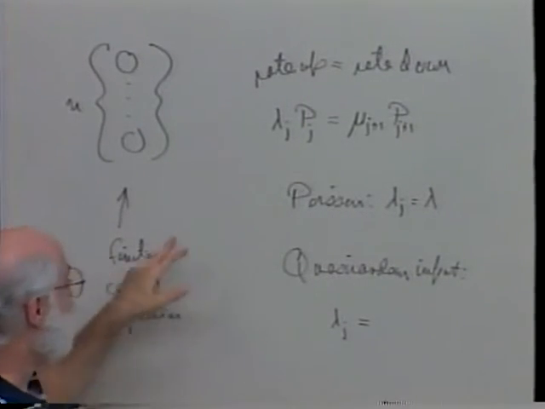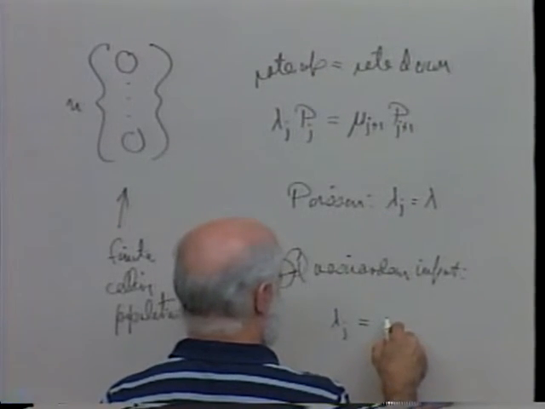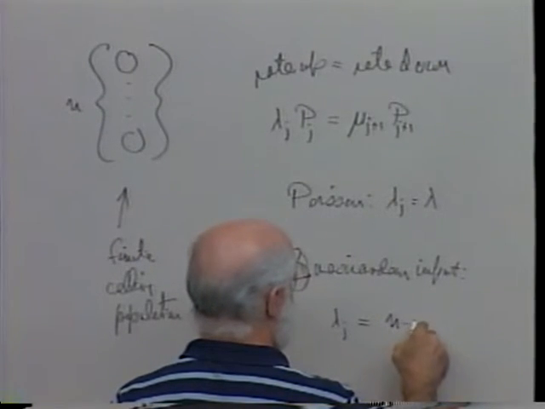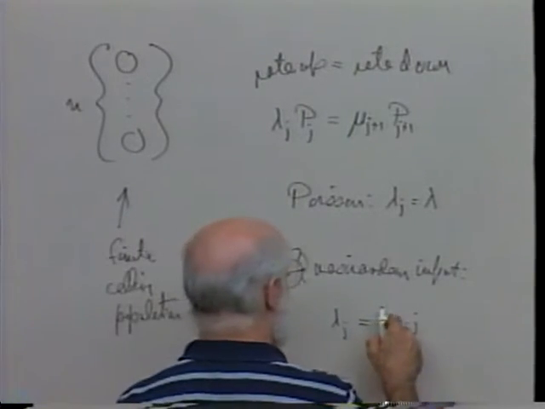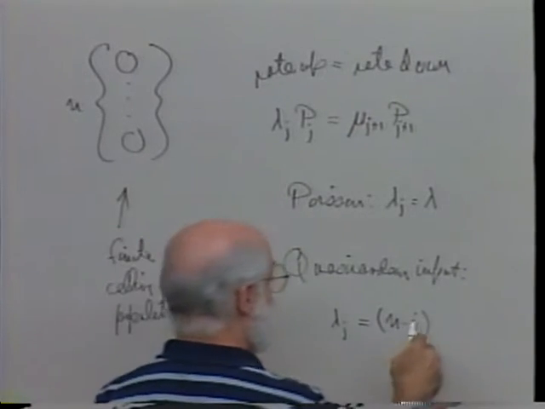Then if I'm in state J, the number of subscribers that are eligible to make a request for service is n minus j. That's the number of idle sources. And I'll assume that each of them has exponential inter-request time with rate, say, gamma.